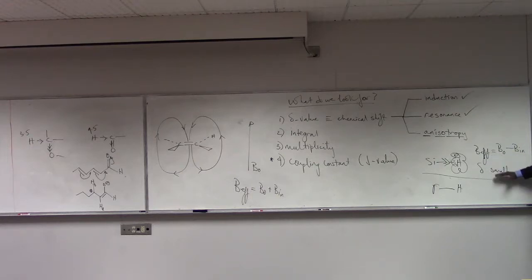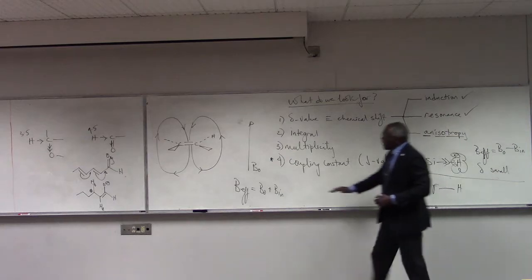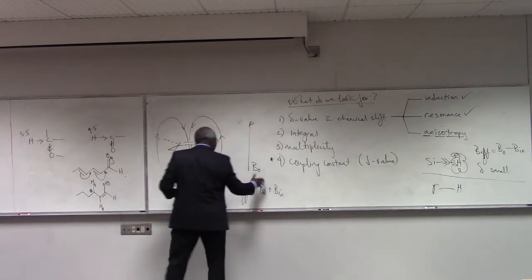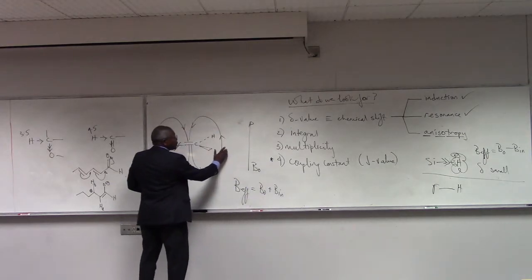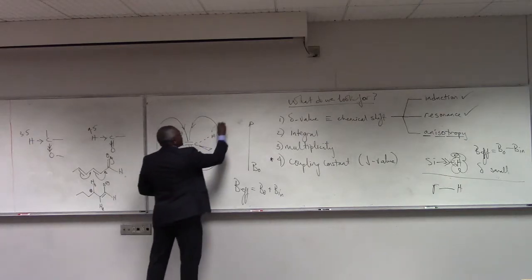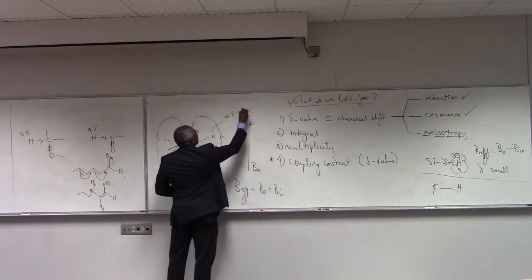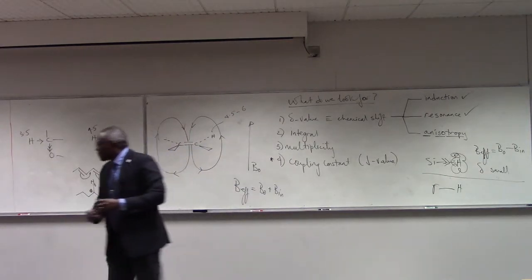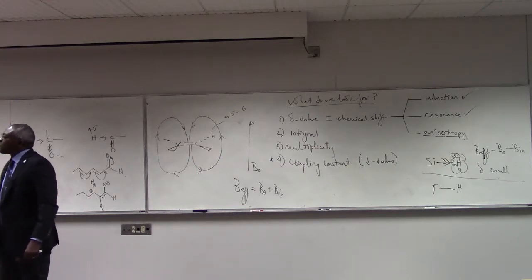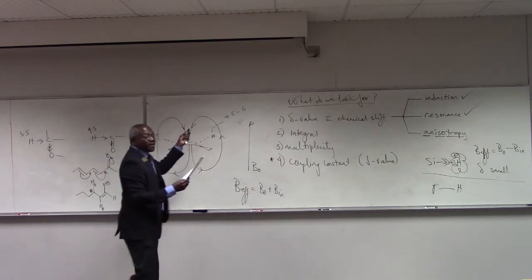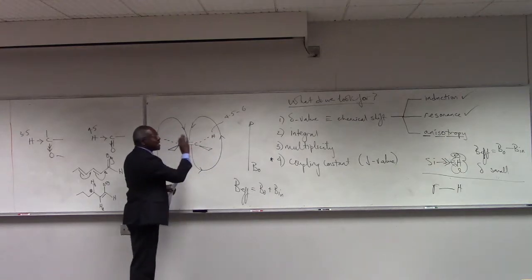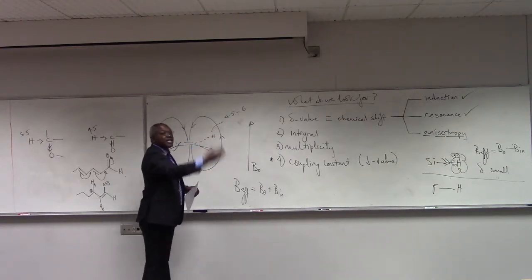A low B effective gives a small delta value. But if the B effective is a large number, then by extension the delta value is going to be relatively large. So H's attached to the vinylic carbon show up between about 4.5 and about 6. Let me see what numbers this suggests. About 4.9, but they say 4.5 to 5.9. That's close enough. So the H's attached to vinylic sites are relatively de-shielded.